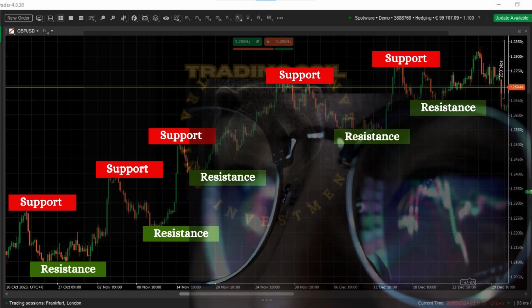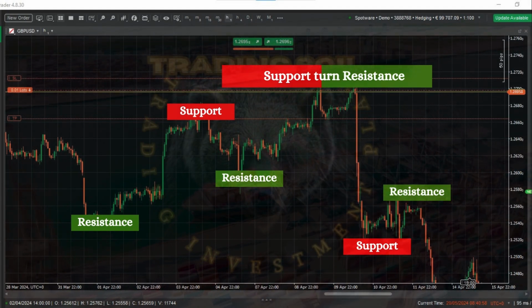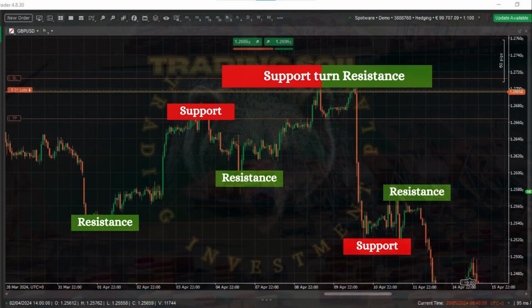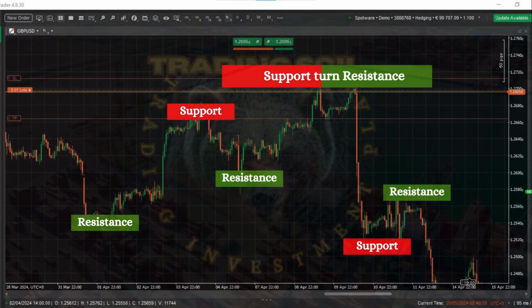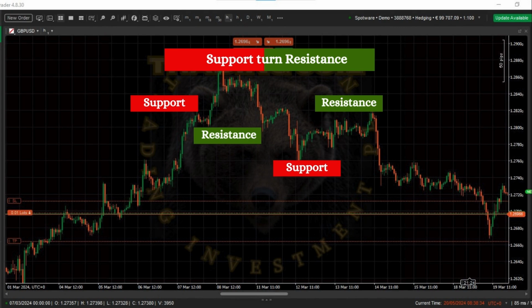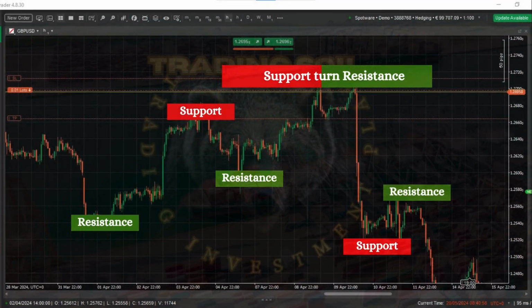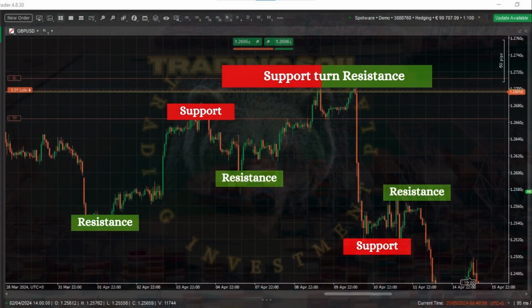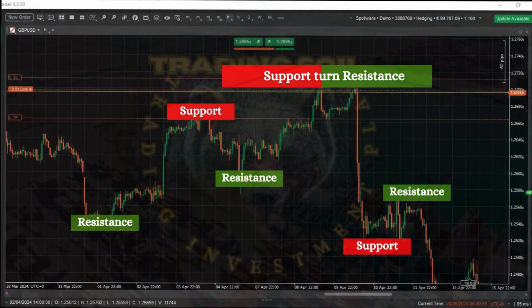When the market is uptrend and you observe support turn resistance, it means that the institutional traders are shifting their interest from the base currency to the quote currency. This is when you will see the last support of the base currency engulf the last resistance zone of the base currency.